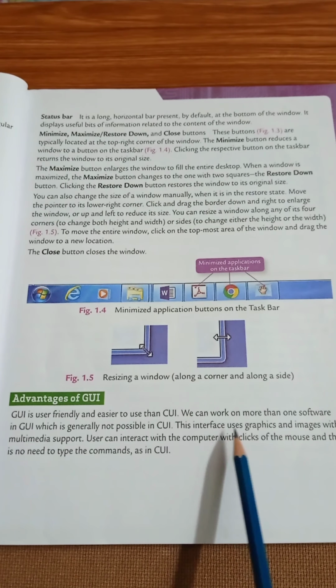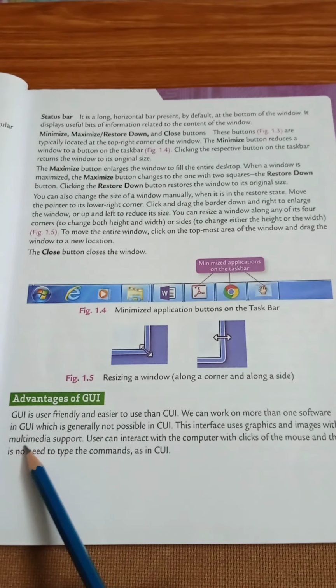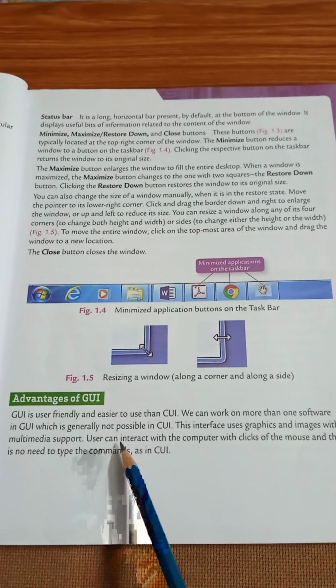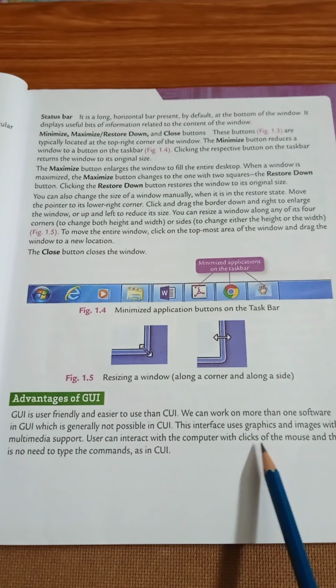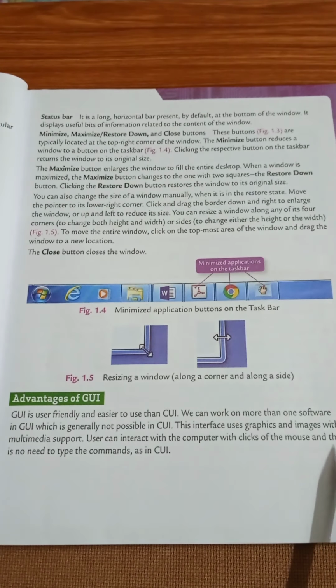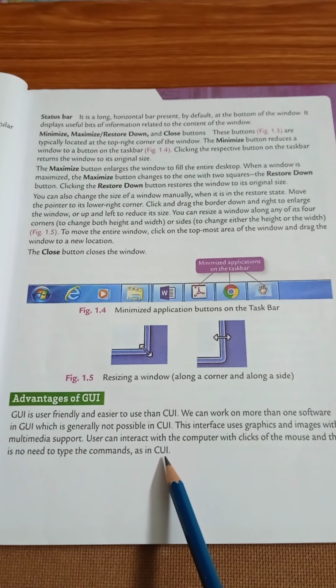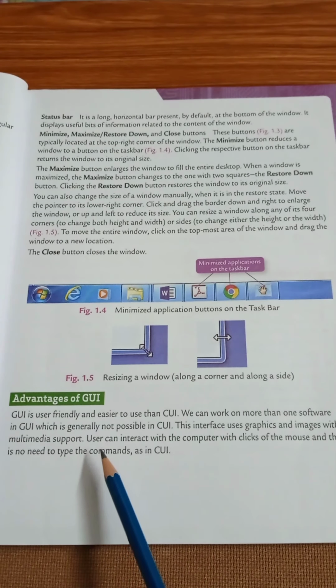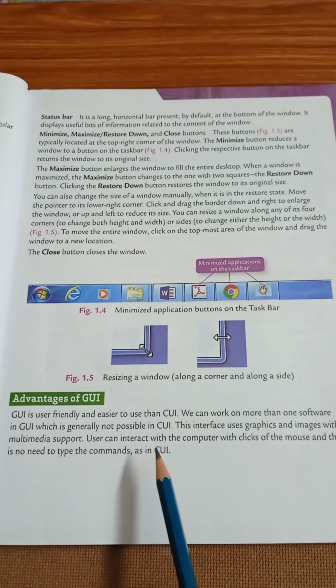This interface uses graphics and images with multimedia support. The user can interact with the computer with a click of the mouse and there is no need to type commands as in CUI. So in case of GUI, the user does not need to write commands to interact with the computer.